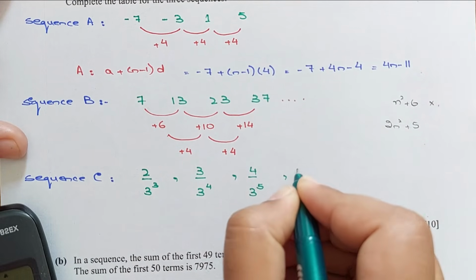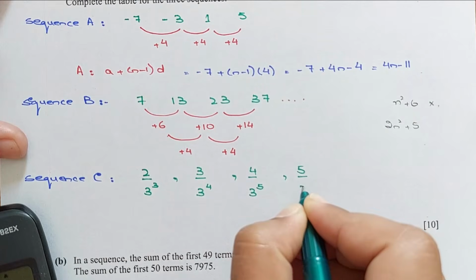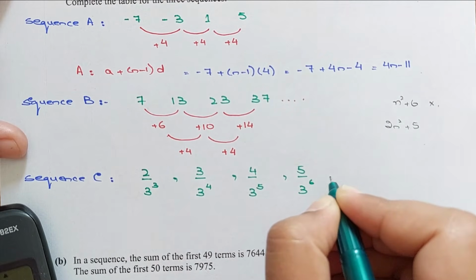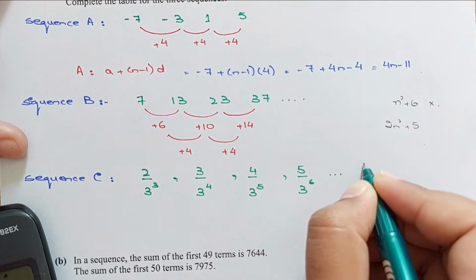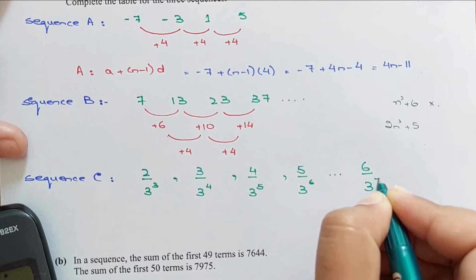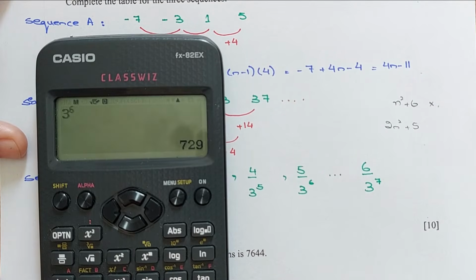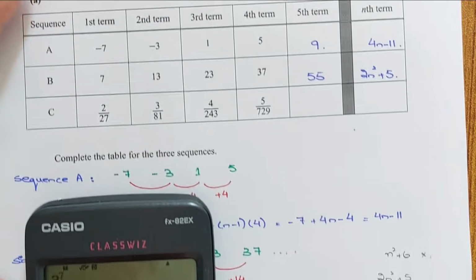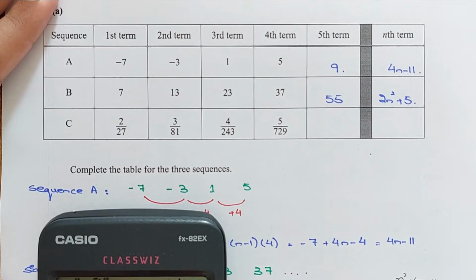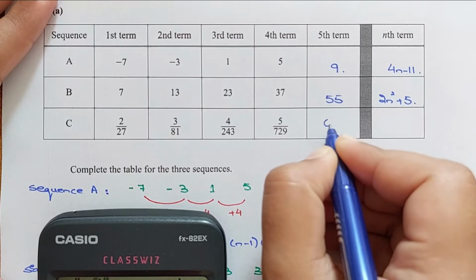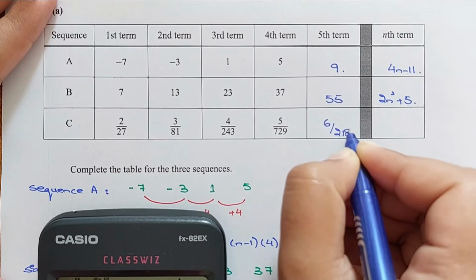So the next term is going to be 6 over 3 power 7. What is 3 power 7? It is 2187. So the fifth term is 6 over 2187.